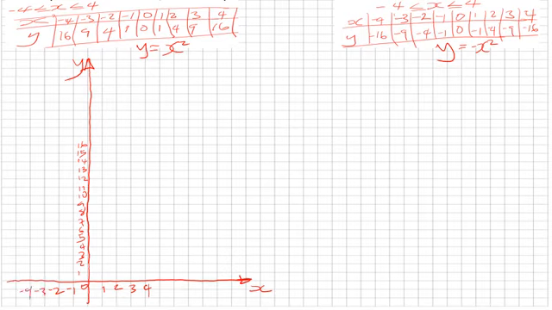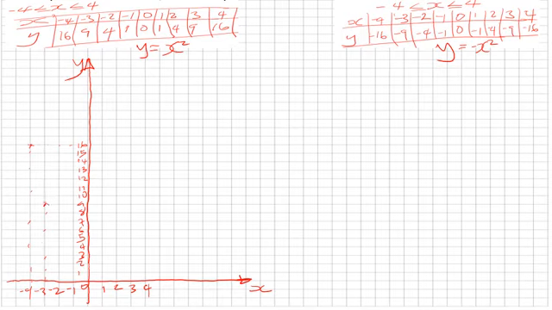So let us plot. When x is equal to negative 4, y is 16. We put a point there. And when x is minus 3, y is 9, so it's that point.